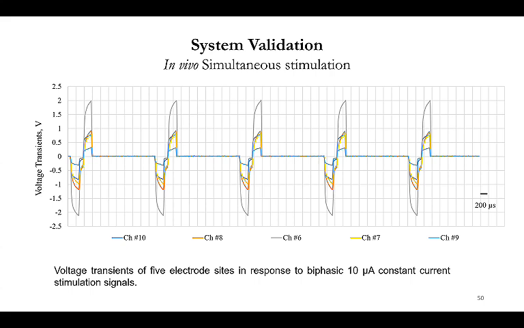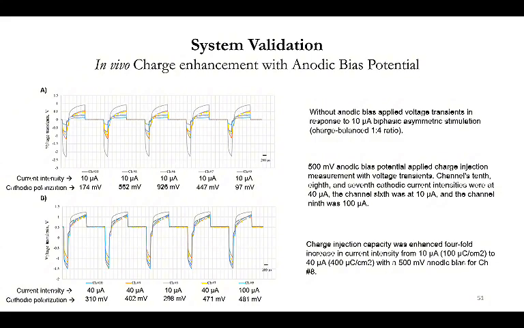Here, it is on a charge enhancement feature of our system. For charge enhancement, we apply an anodic bias voltage. For example, in figure A, we get a polarization voltage of 174 millivolt with 10 microamp.